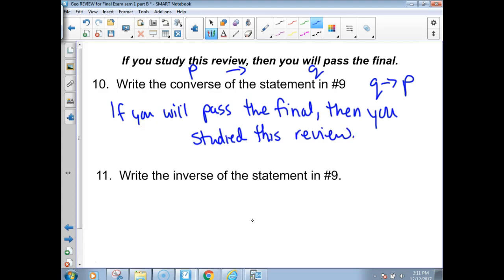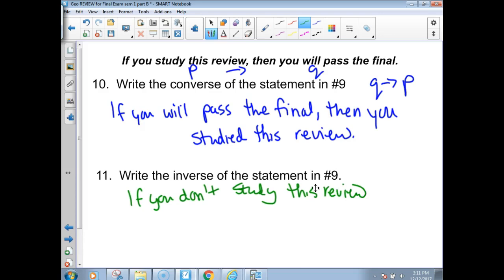Okay, then write the inverse. Do you remember what the inverse does? Not, okay? So negate the hypothesis and the conclusion. So if you don't study this review, and this is not necessarily true, then you will not pass the final.